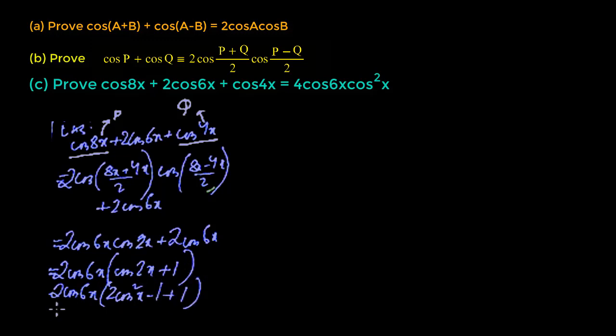So in the final line we have 2 cos 6x. This 2 and this 2 becomes 4 cos 6x, and this one and this one cancel, so we get cos square x. So we had to prove 4 cos 6x cos square x, and this has also been proven.